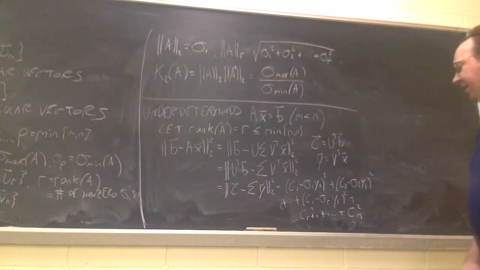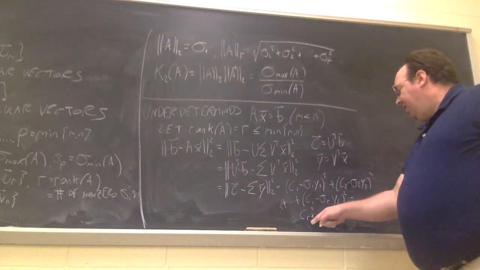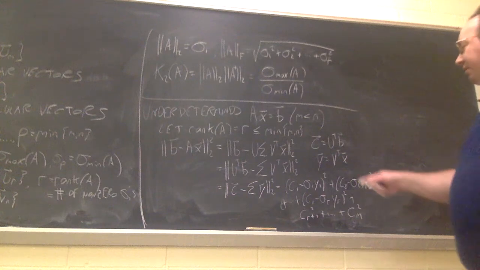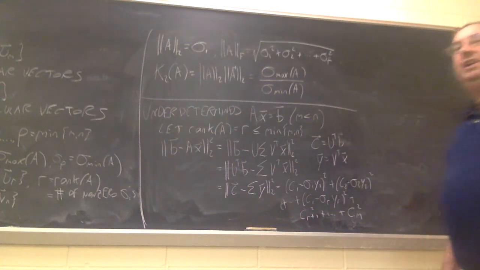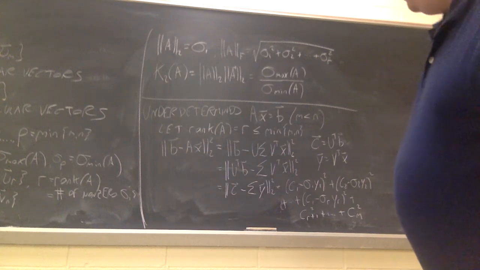Now, I want to make this as small as possible. These are not unknowns. They're known because they come from U transpose B. I cannot affect those in any way, so I'm stuck with them.